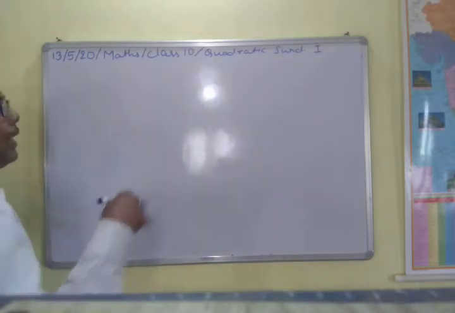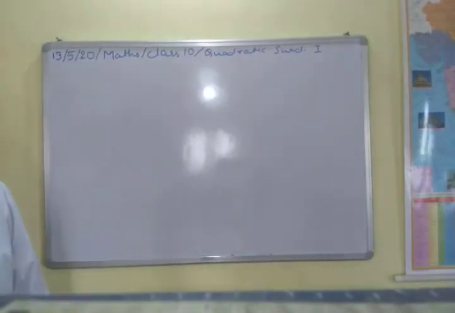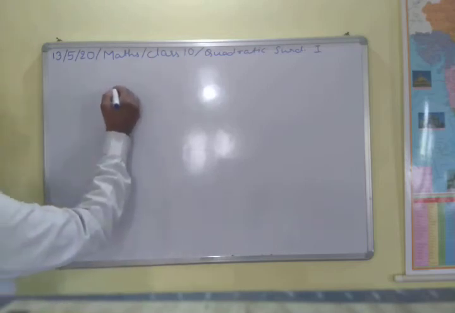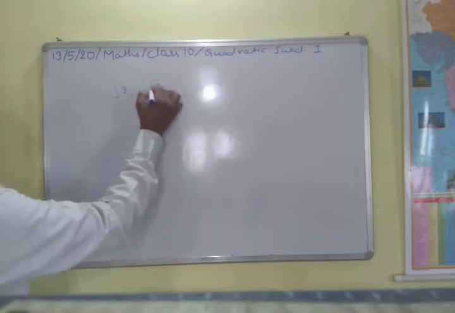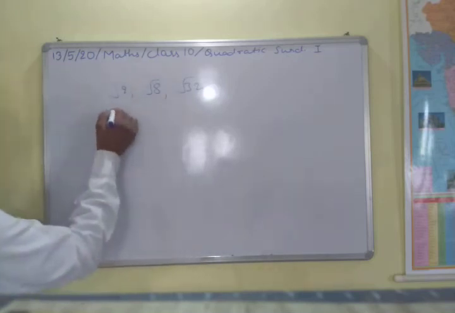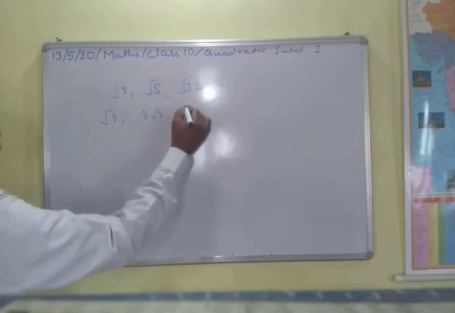Then you have the like surds. What is the meaning of like surd? For example, suppose root 2 and then root 8 or root 32, etc. These are the like surds. Why are they like surds? Because if you break them, it will be 2 root 2 and this will be 4 root 2.